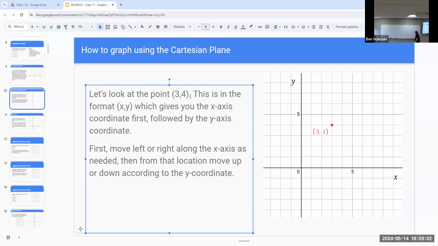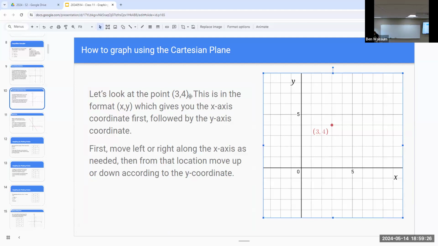Now, you're not always going to label your points, but when you're just starting off on graphing, I recommend it. The more complex your graphs get, you might just drop doing that. But at least for now, while you're just graphing lines, you're getting used to it, you're getting a feel for it, go ahead and label those. And the reason I say that is because sometimes people will read this backwards.